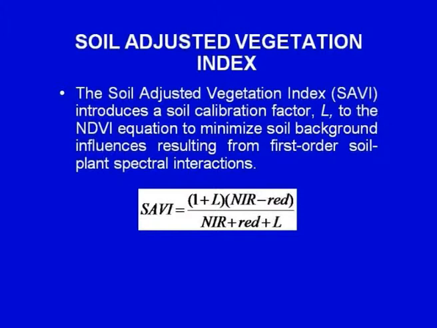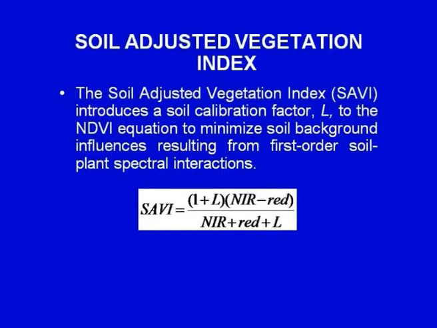SAVI, as a matter of fact, introduces a soil calibration factor L to the NDVI equation in order to minimize soil background influences resulting from first order plant spectral interaction. SAVI can be represented as follows.